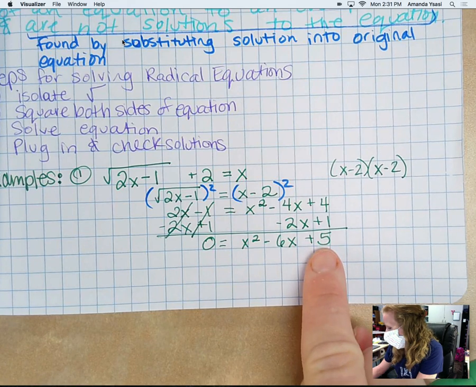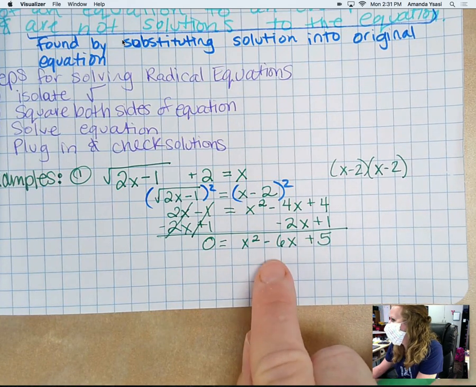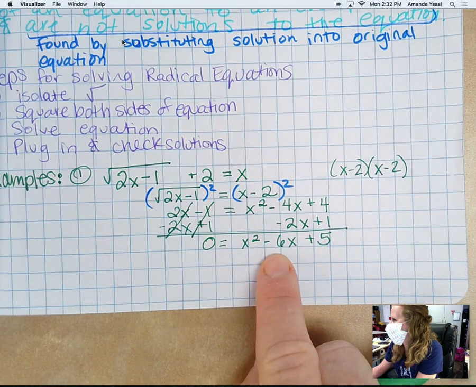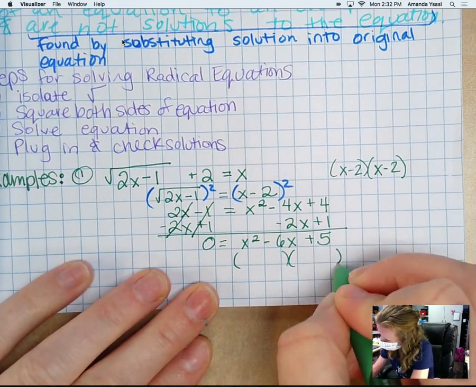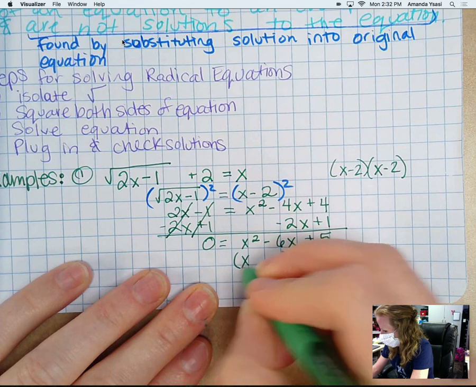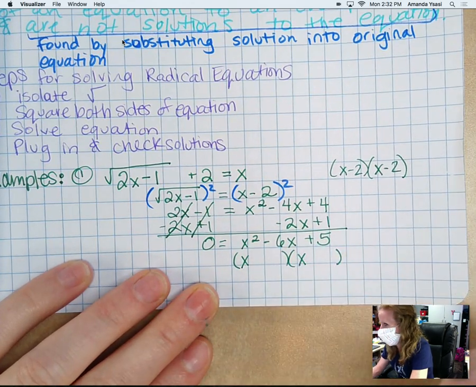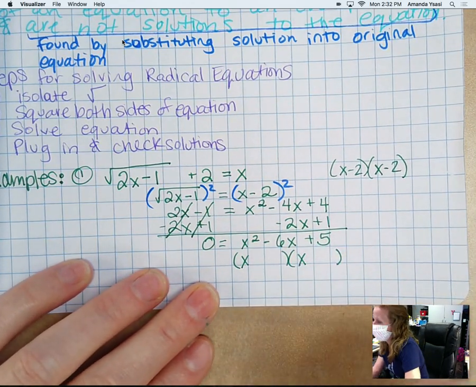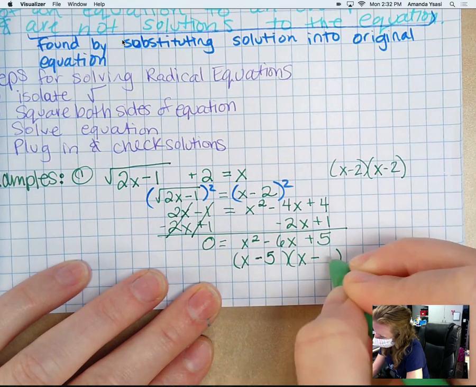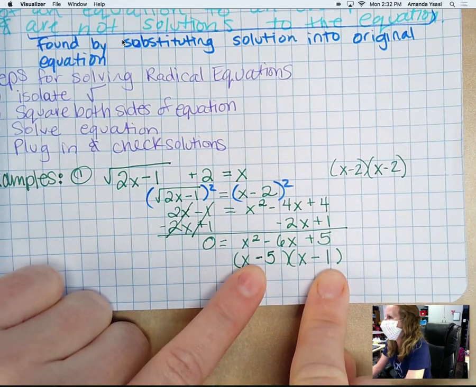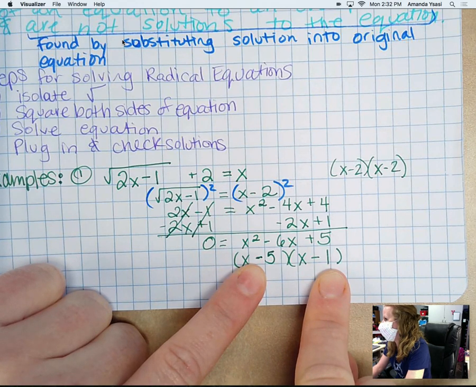What has a product of 5 and a sum of negative 6? 5 and 1, but positives, negatives? Both negative, because that would be positive 5, but then when you add them, that's negative 6.